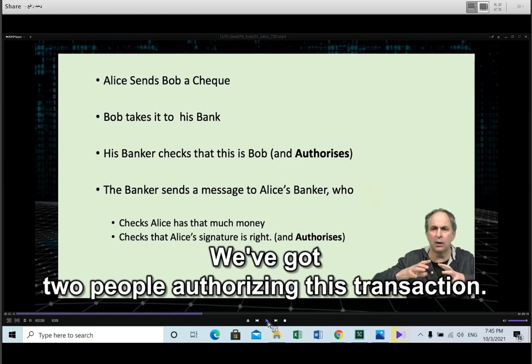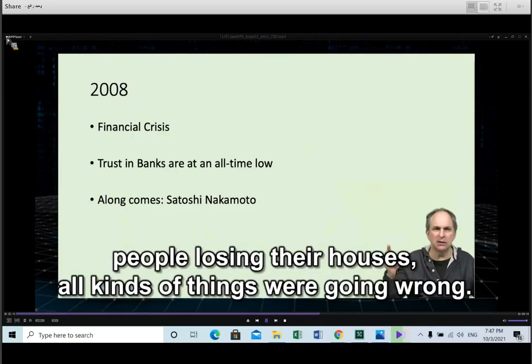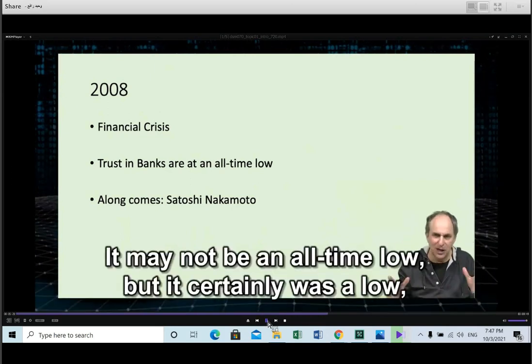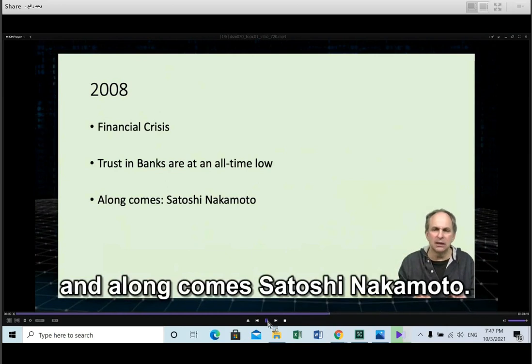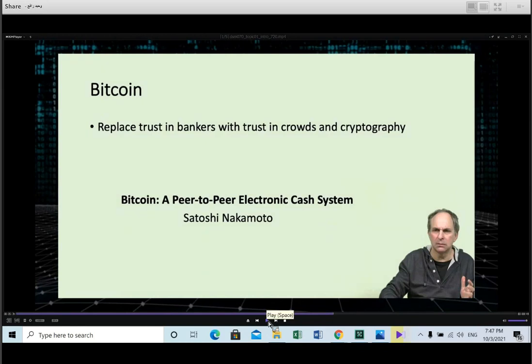But what if trust in banks were at an all-time low? I mean, that may not be all-time low, but it certainly was low. And along comes Satoshi Nakamoto, who invented Bitcoin, when the bankruptcy was occurring, okay?